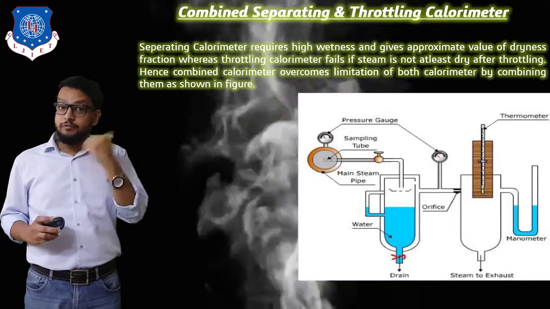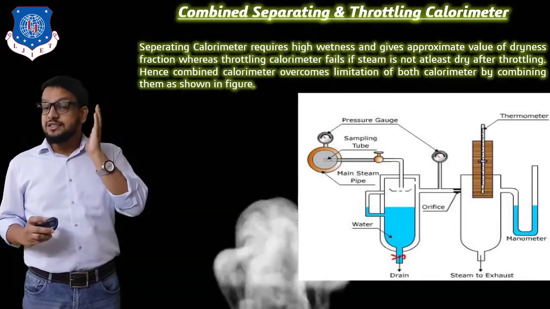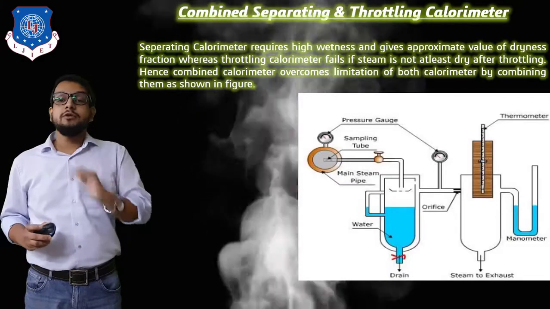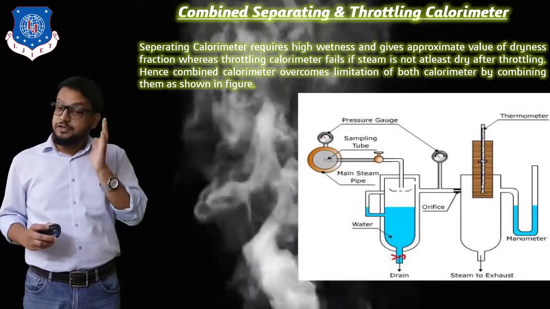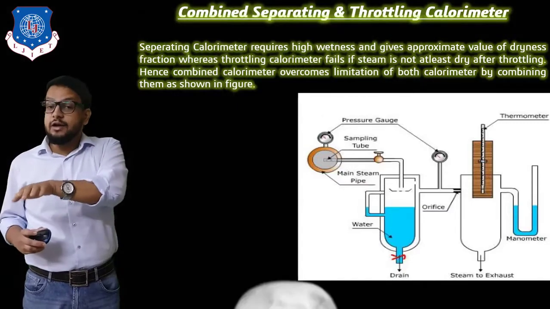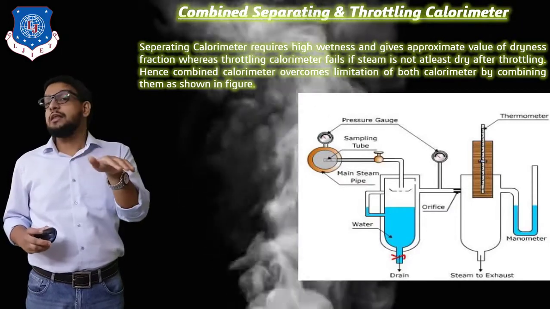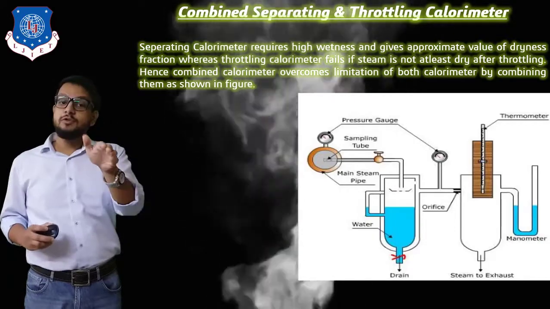But if we are not getting superheated steam, at least the steam must be dry steam in order to use a throttling calorimeter. But if the steam remains wet even after throttling, then the throttling calorimeter will fail, right? So this was the limitation.